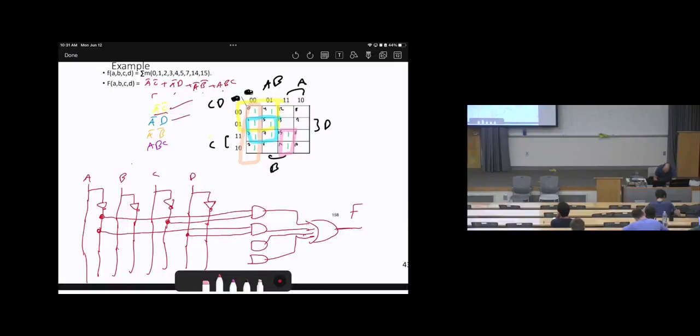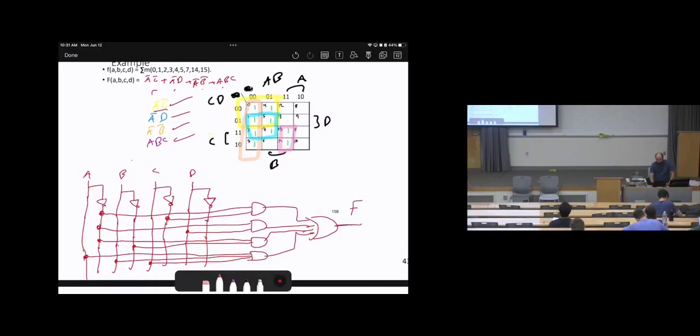A bar, B bar, the third term. Here is A bar. Here is B bar. Then the last term, the fourth term, A, B, C. Here is A. Here is B. And here is C. Then we are done. That's how we manipulate the function.